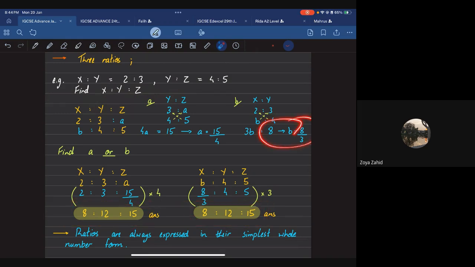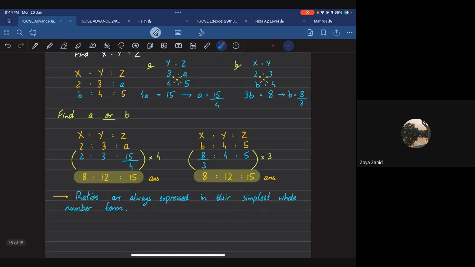These are a part of your working and we do not accept them as ratios. Why do we not accept them as ratios? Because ratios are supposed to be in their simplest whole number form. These are not in their simplest whole number forms. Is this clear? Usually that isn't the case, but it could be. Zoya is absolutely right. Very well, and the question is really well asked, that you need to write down the final values.